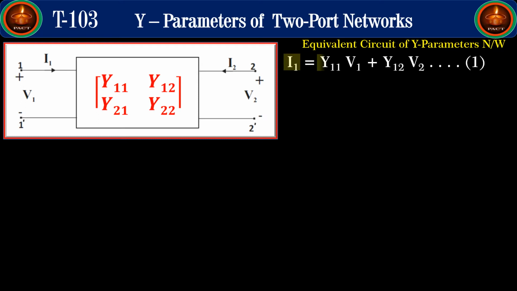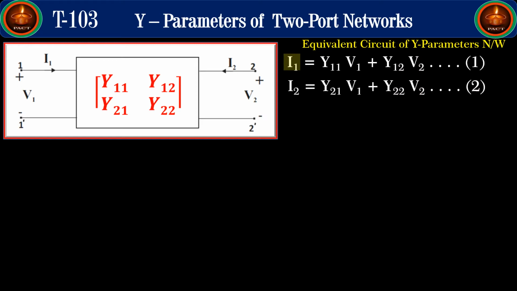Similarly, Y11 V1 also is a current term because Y11 is admittance multiplied by the voltage V1 will give us the current term. Similarly, Y12 V2 also is a current term. Therefore, this input port equation is a KCL equation. This you have to note.